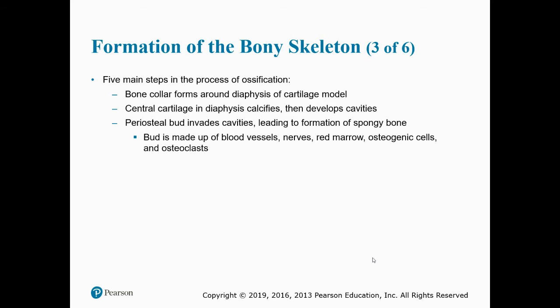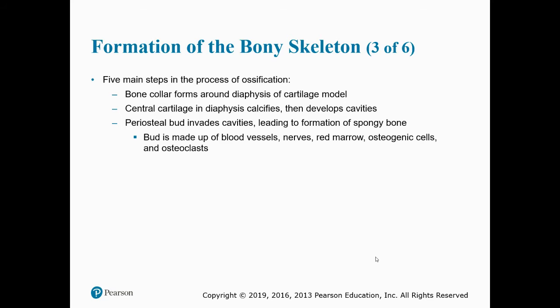If a cell has more nutrition, it can develop a little bit differently. It can develop a little bit faster, and it does develop. These mesenchymal cells turn into osteoblasts, the bone creating cells, because of that increased nutrition.